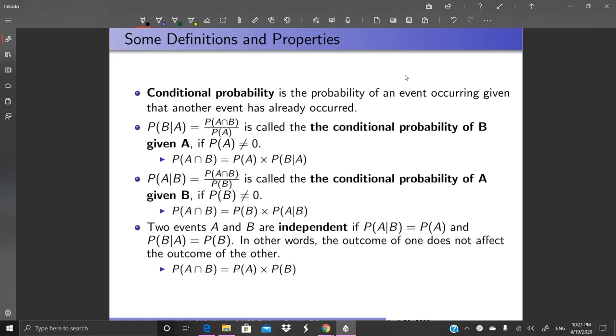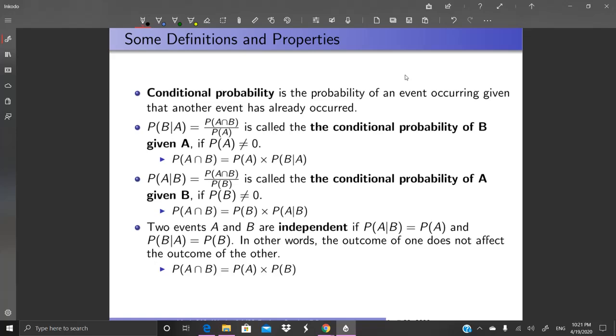So looking at the second bullet point here, this is the conditional probability of B given A, right? So you use B first and then A. It does matter the order, but that's given by the probability of their intersection divided by the probability of A, assuming that the probability of A is not 0 because we don't want to divide by 0.